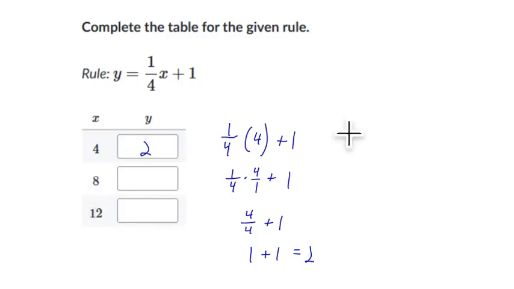With an input of 8, that would be 1/4 times 8, or times 8 over 1, plus 1. So that'll be 8 divided by 4, plus 1, or 2 plus 1. So when we have an input of 8, we have an output of 3.